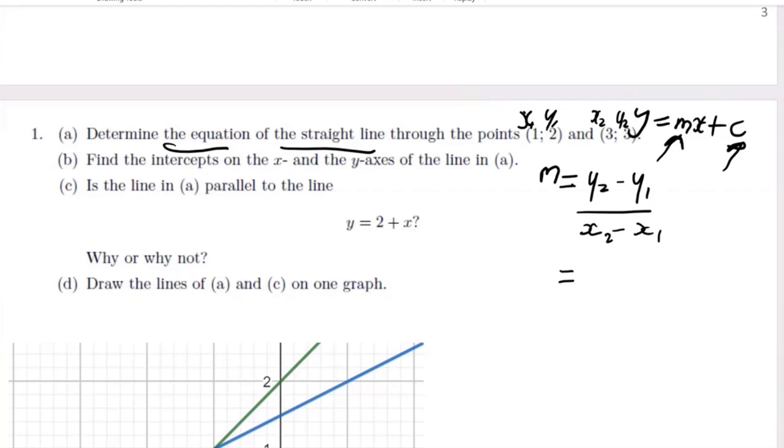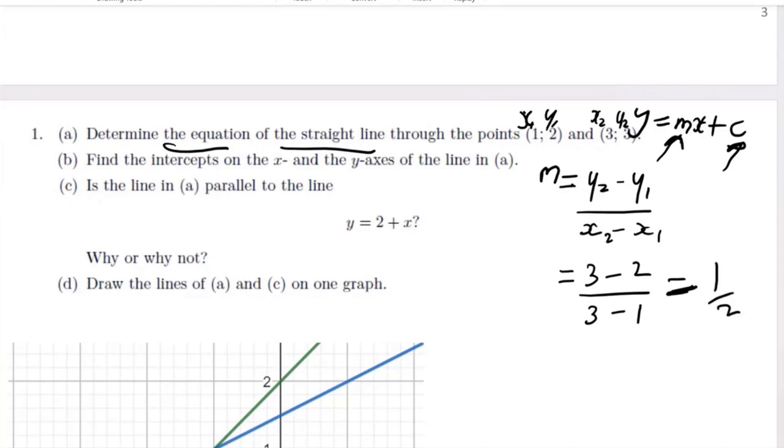My X2 is 3 minus my X1 is equal to 1. Okay, this one is easy. I don't need to highlight any misconception here, because we don't have to deal with any fractions. My gradient is just equal to half. Okay, that is your gradient.